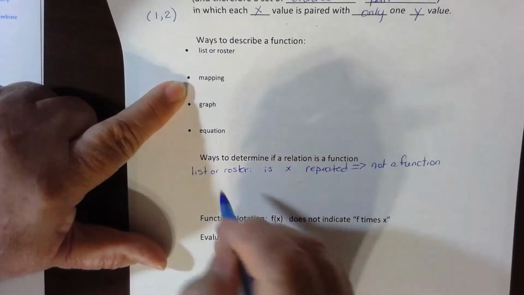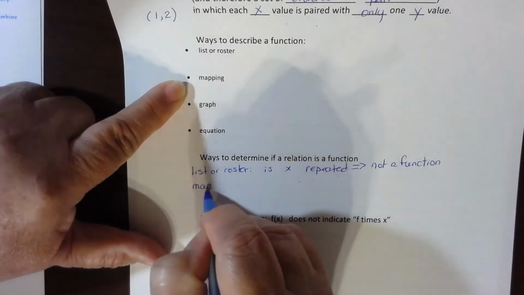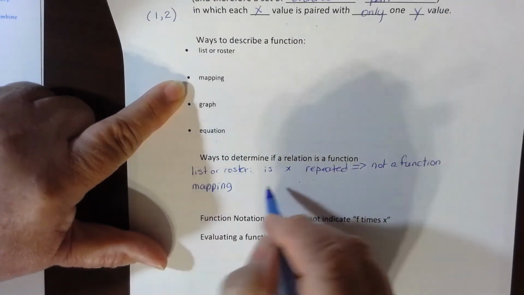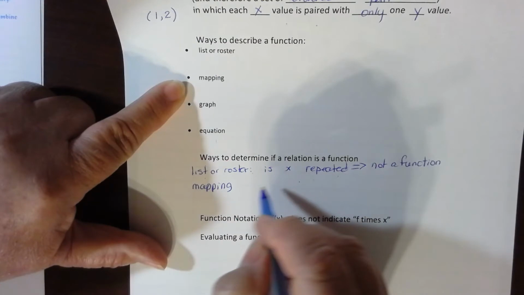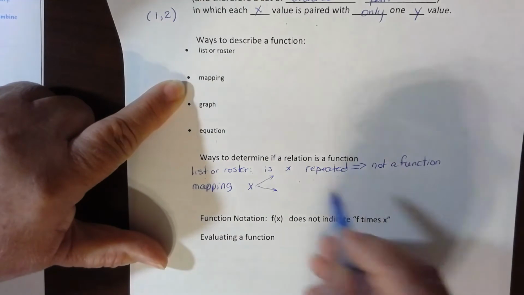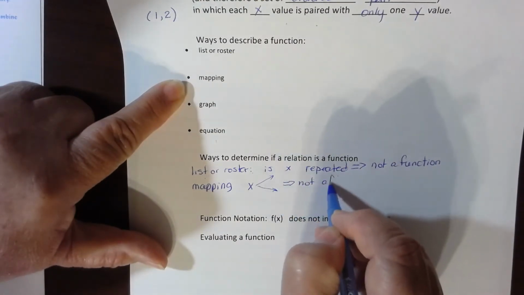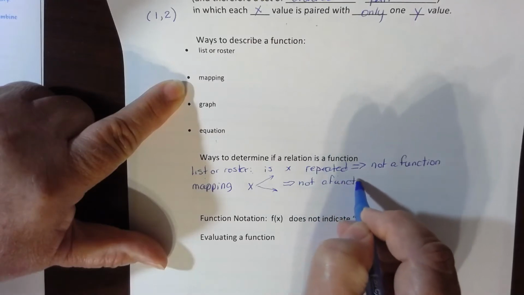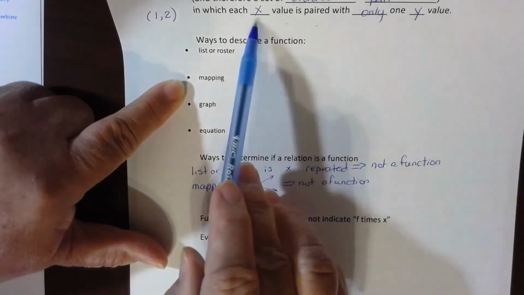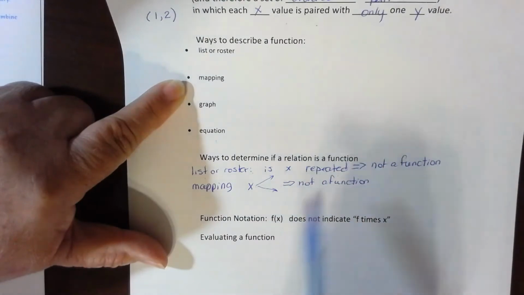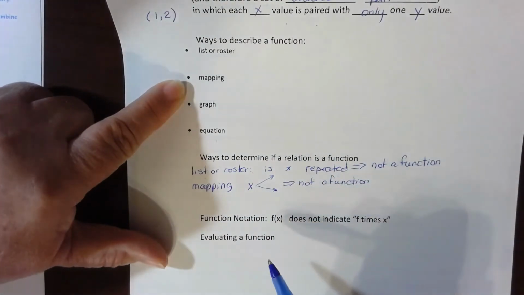If you're looking at a mapping, you're looking for, from the x value, is it paired with 2 different y values? If so, it's not a function. Because to be a function, for every x, there can be only one y value, so that would keep it from being a function.